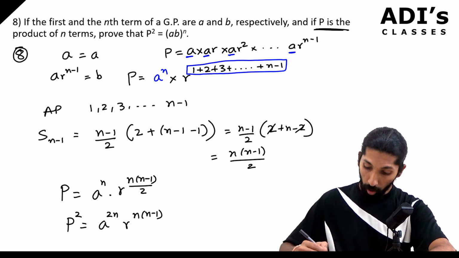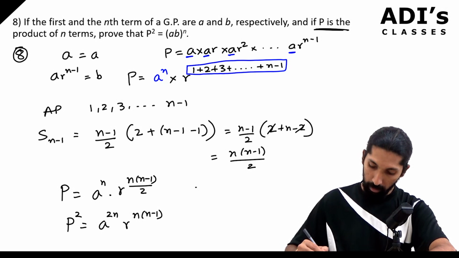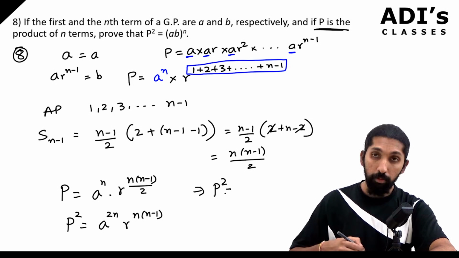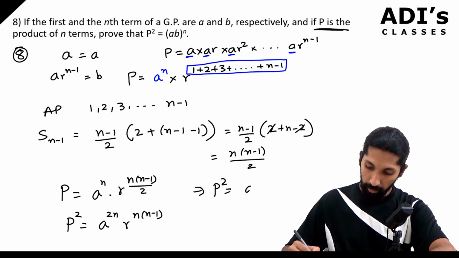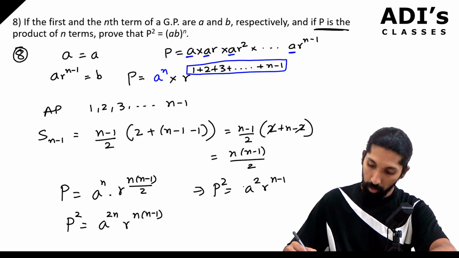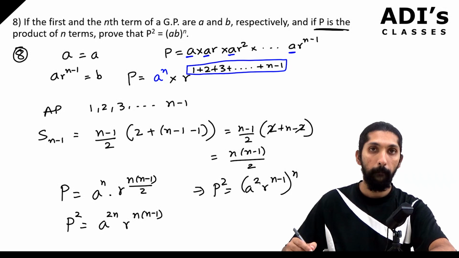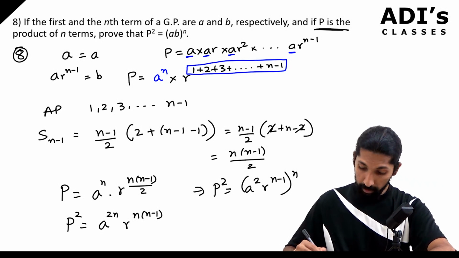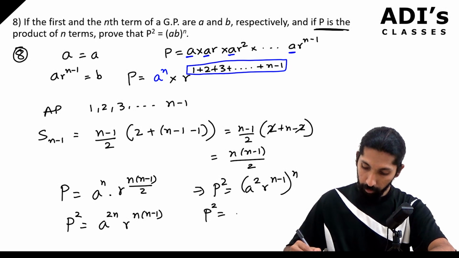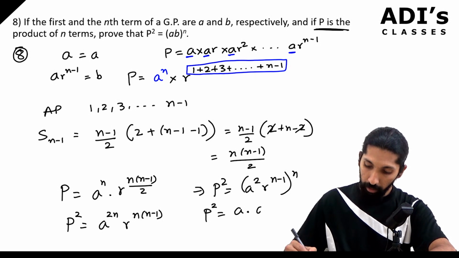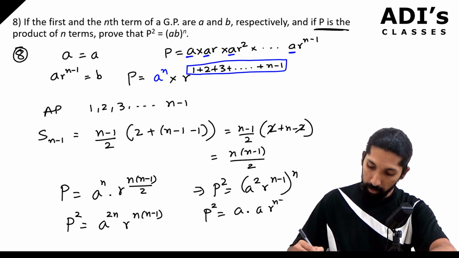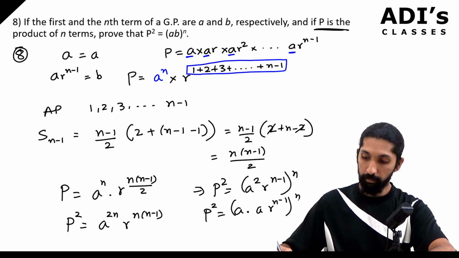Correct? Or you can write the same thing as p square is equal to, see, you can write this as a square into r power n minus 1 whole to the power of n. Split this. That is p square is equal to a into a r power n minus 1 whole power n.